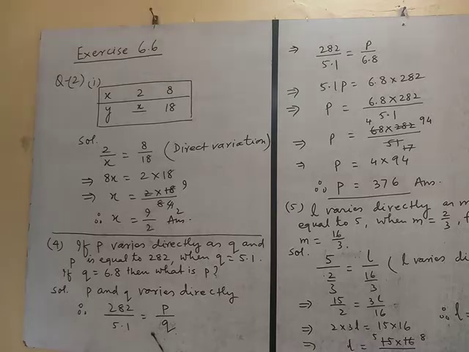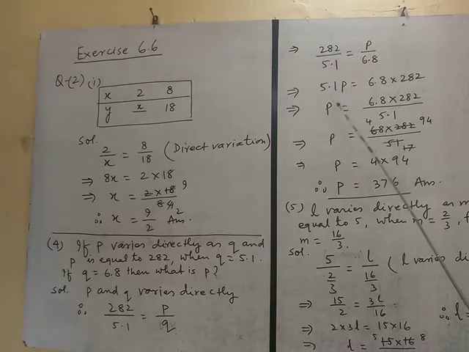So now, 282 divided by 5.1 is equal to P by 6.8. After cross multiplication, 5.1 P is equal to 6.8 into 282.